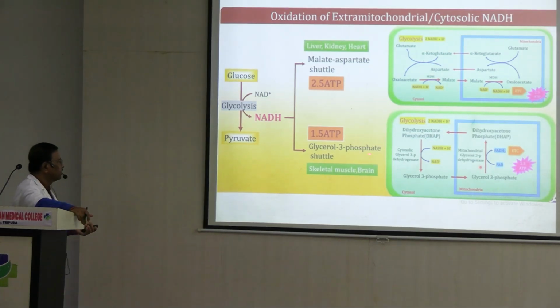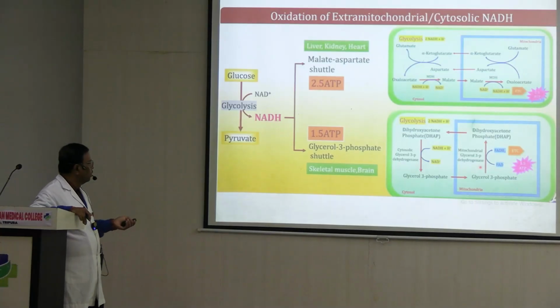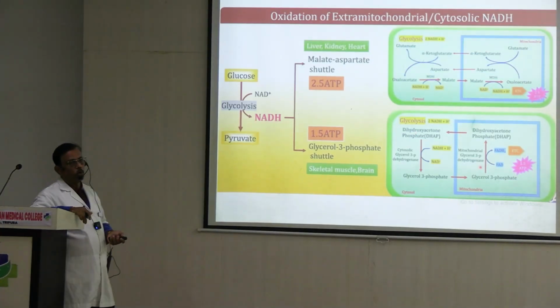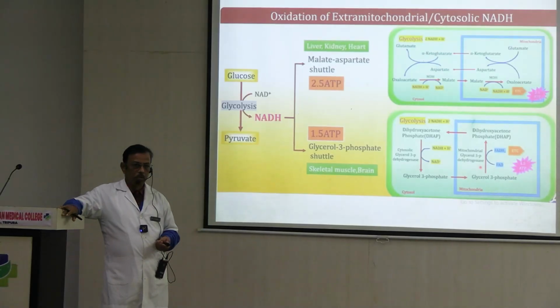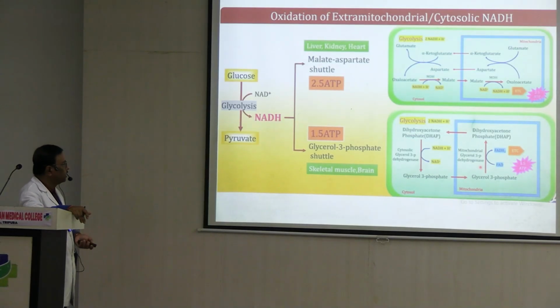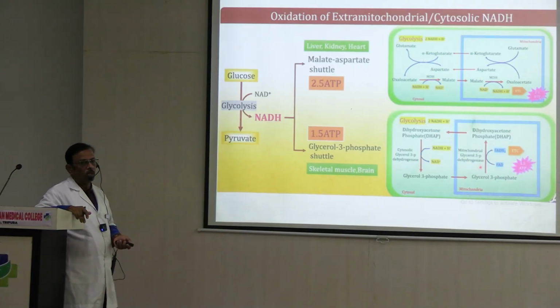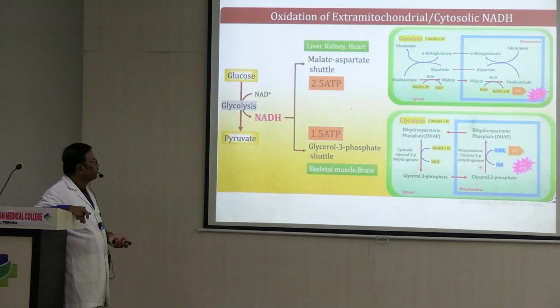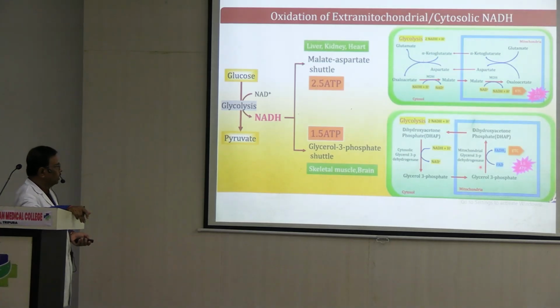In the case of glycerol 3-phosphate, it is an intermediary product of glycolysis. Dihydroxyacetone phosphate is also an intermediary product of glycolysis. They are interconvertible, glycerol 3-phosphate and dihydroxyacetone phosphate.